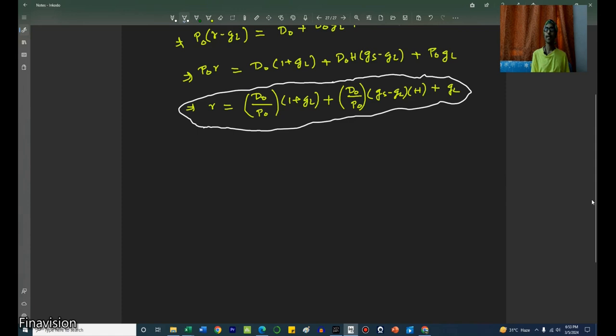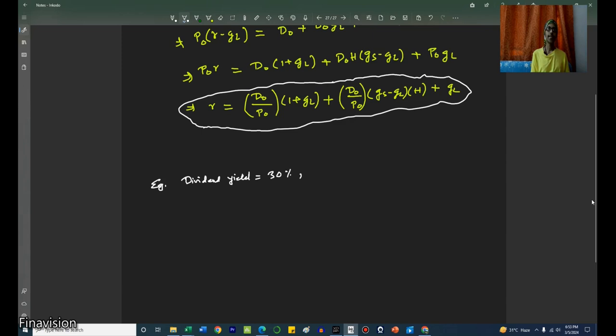Now let's take an example for this. Let's say the dividend yield for a company is 30%.